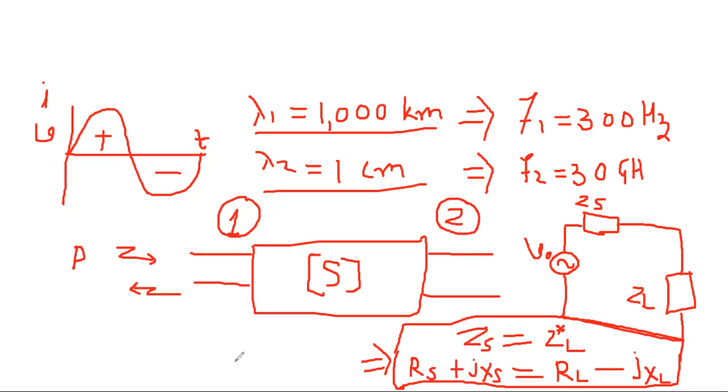So this is a different phenomenon for microwave engineering, different from your basic electric circuits. The microwave frequency is different from normal frequency operation, and there we have to deal with things differently.